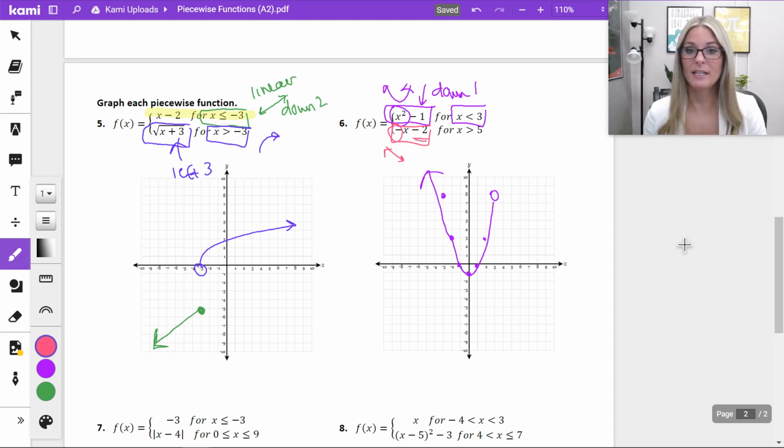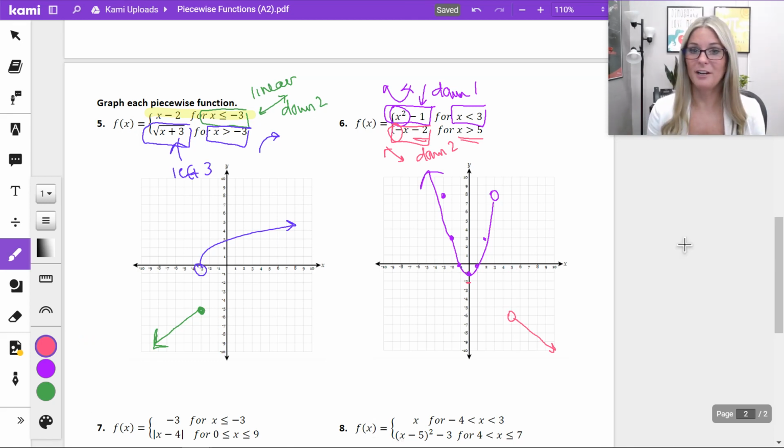And it's also going to be shifted down 2 on the y-axis. So we're going to be living down on -2, a negative slope like so, only where x is greater than 5. So over here, here's 5. And I'm going to need open circles. So let me regraph this with an open circle, and then my linear function would continue.